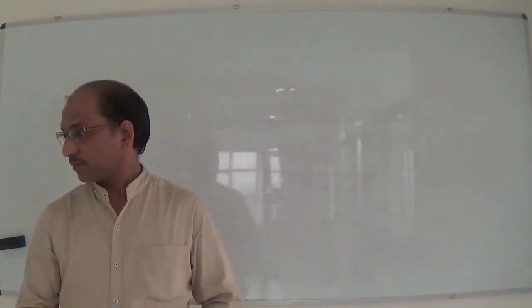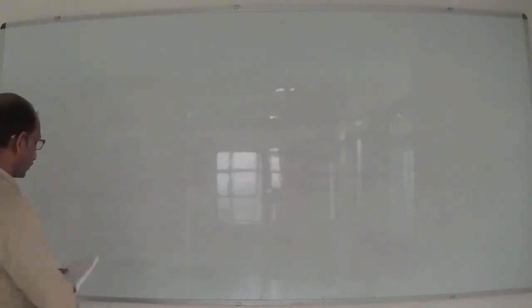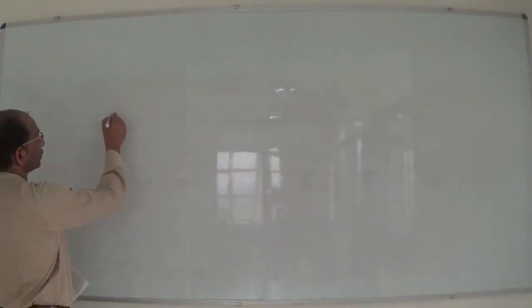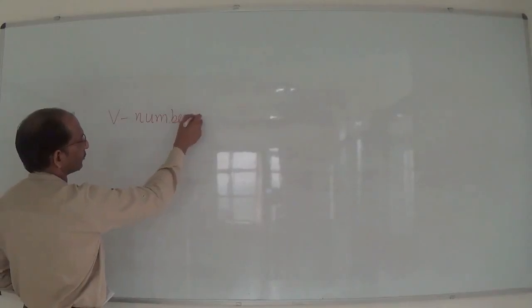So the next point is about the V number, and sometimes it is called the normalized frequency. So the title is V number in optical fiber.